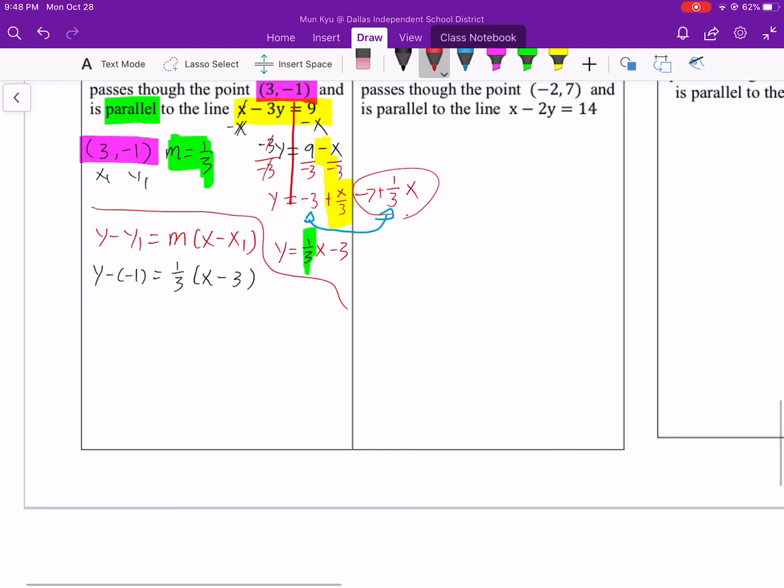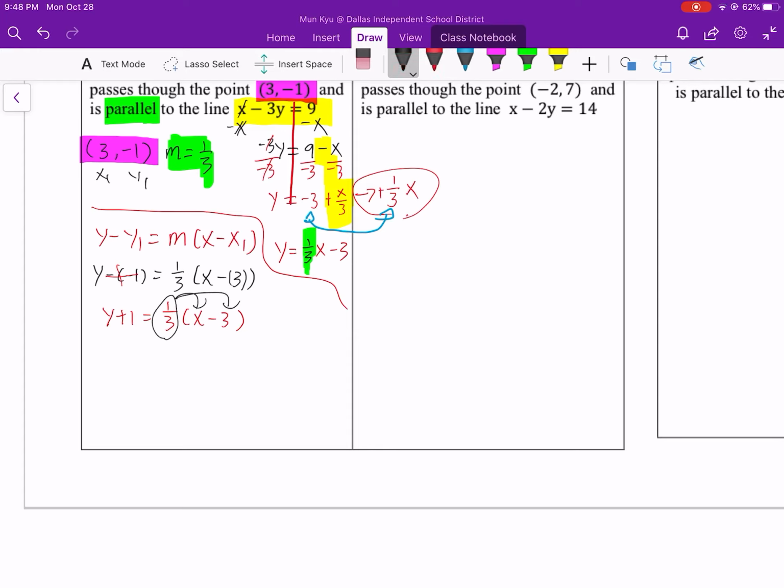Actually, let's put parentheses here. Do you see these two negatives? This becomes positive, so it's going to be y plus 1 equals 1/3, and x minus 3 here.